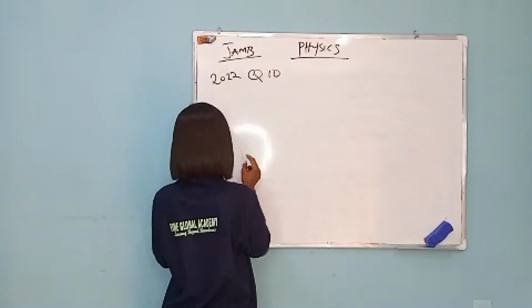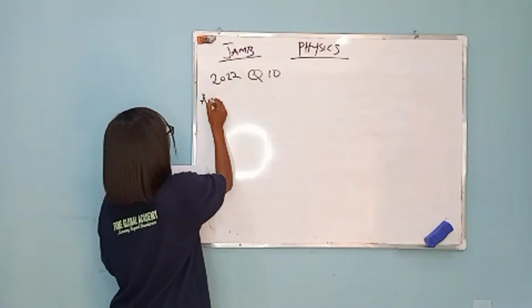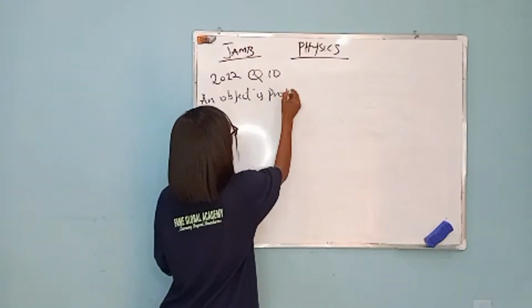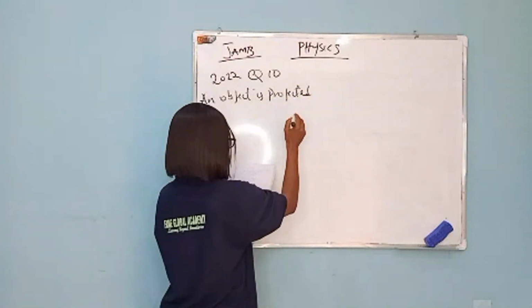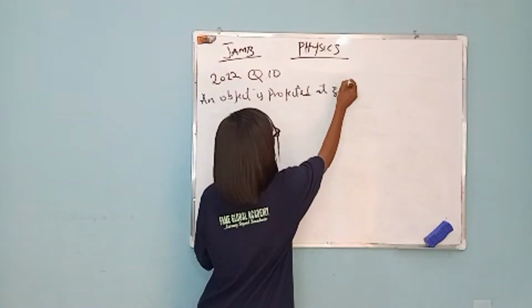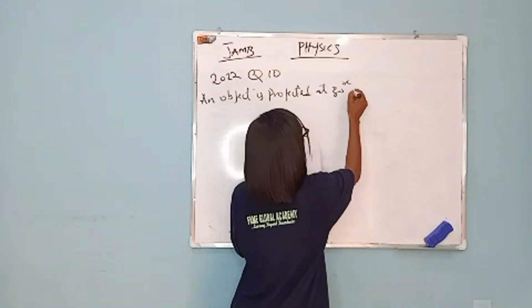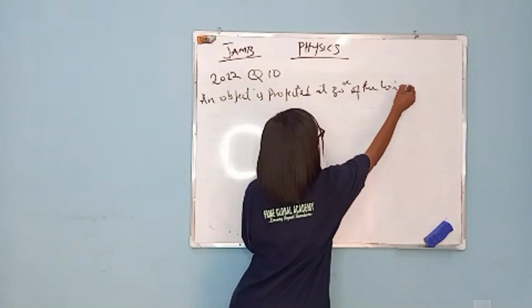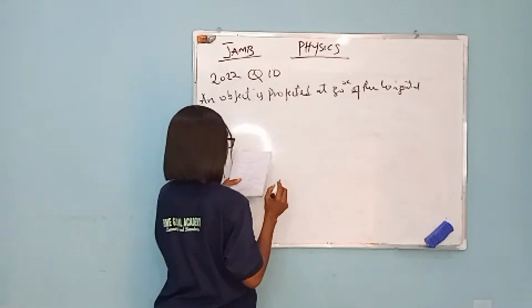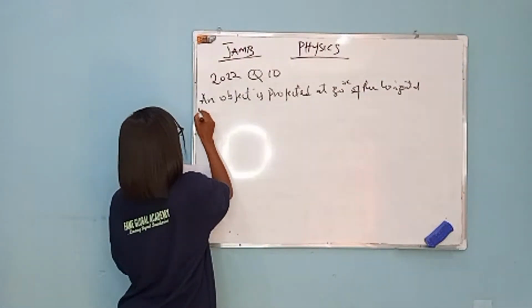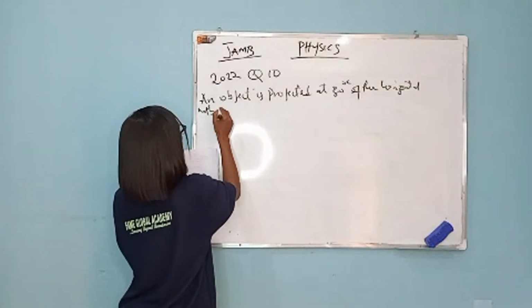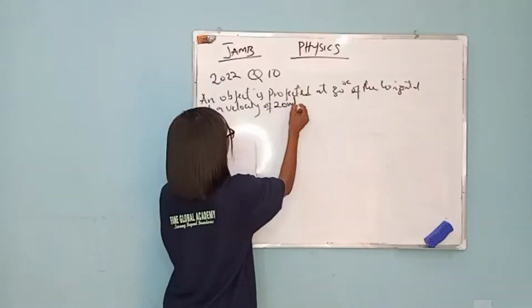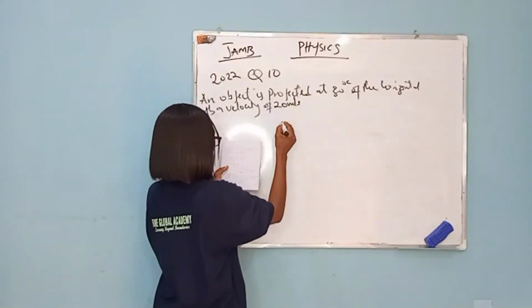An object is projected at 30 degrees to the horizontal with a velocity of 20 meters per second.